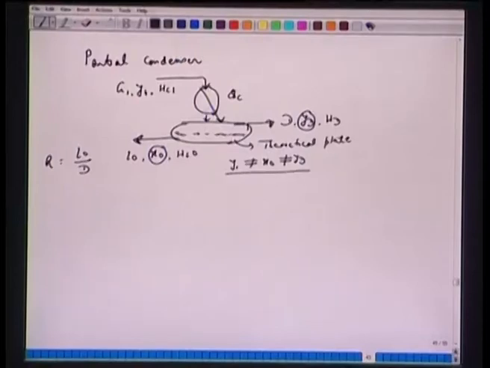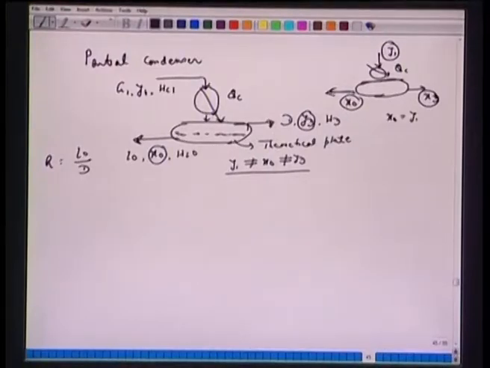So, there is a difference from what we had earlier when we had the total condenser. When we had the total condenser and this QC, then Y1, XT the liquid, and X0 the liquid phase or the reflux mole fraction, X0 is the same as XT, same as Y1.